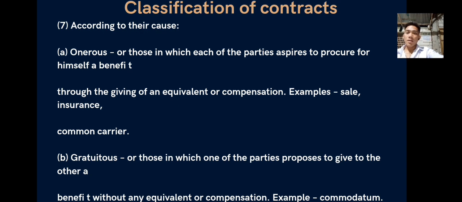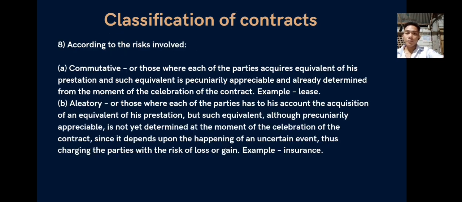Examples are the sale, insurance, and also the common carrier. Gratuitous, or those in which one of the parties proposes to give to the other a benefit without any equivalent or compensation. Example is the comodatum.